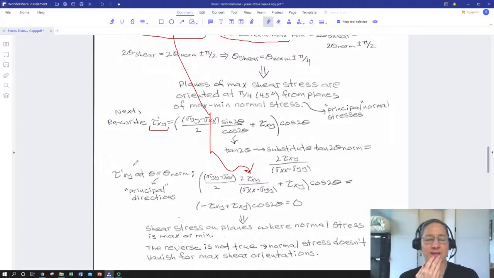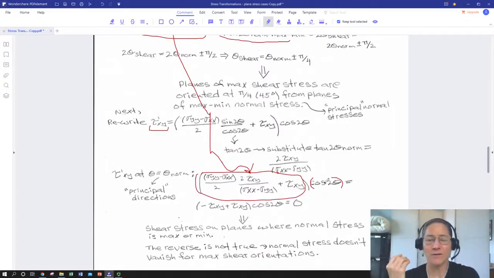So the shear stress on some plane where we know that we're going to have a maximum or minimum normal stress can be expressed like this. We've got this term here multiplied by cosine of 2 theta, and theta is that angle where we've got the maximum or minimum normal.